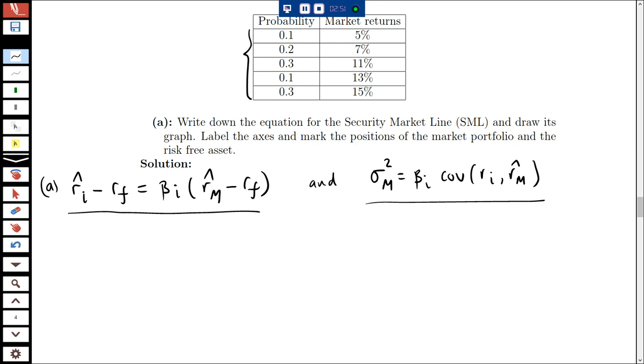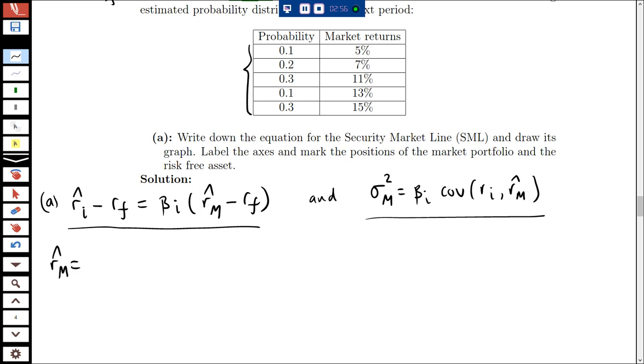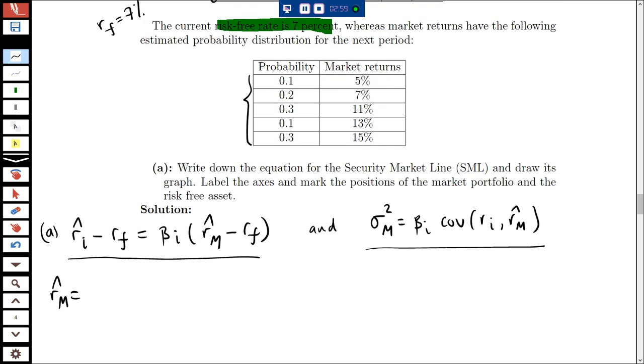Okay, so the expected market return using the probability distribution just here is, well, the 10% chance the market will give a return of 5%, a 20% chance, or 0.2 of using probability, of a 7% return. So if we do the weighted average, the expected market return, okay, some number crunching will give you 11%.